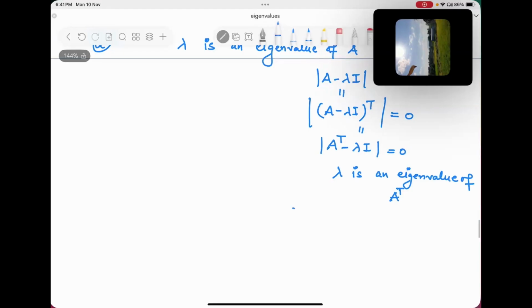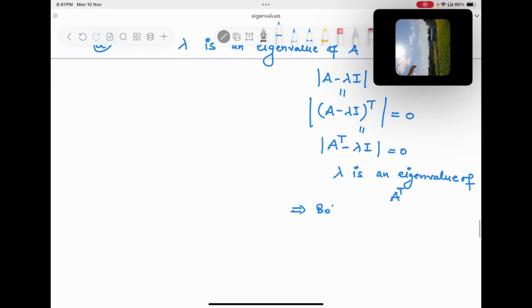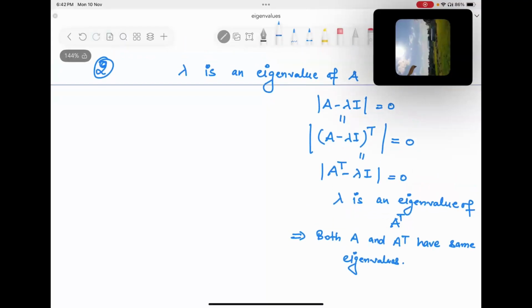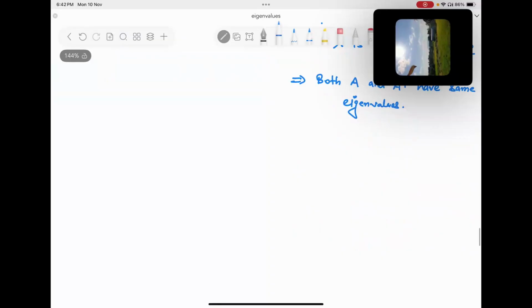So this says both A and A transpose have the same eigenvalues. Now suppose that in place of the transpose, you take the conjugate transpose, which we denote by A^H, or A star.